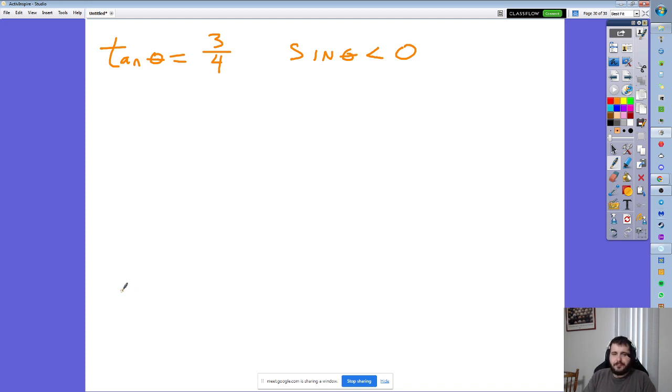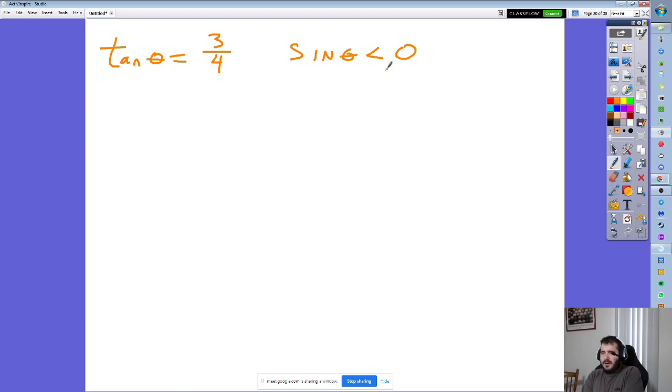All right, now, does anybody, in looking at this, feel their spidey senses tingling? Take a look. We got tangent is positive 3/4, and the sine is negative.